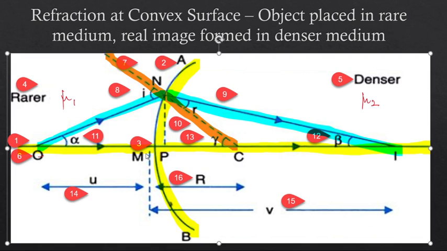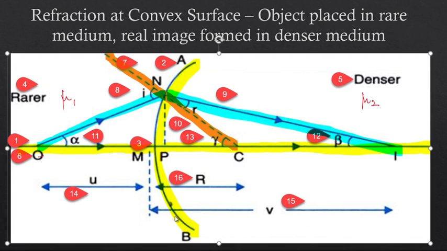Now we have identified this object as a point object on the left side in the rarer medium. The distance between the object and the pole is called u, the object distance, point number 14.